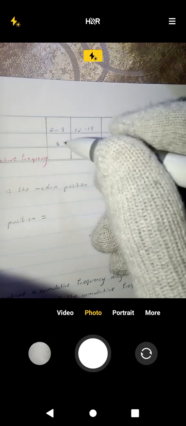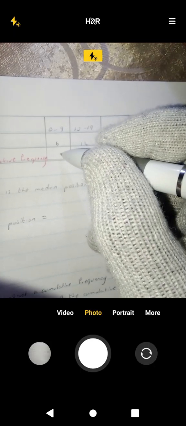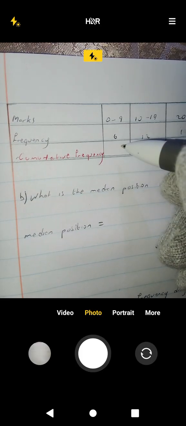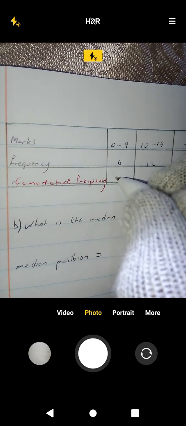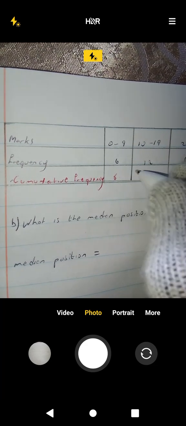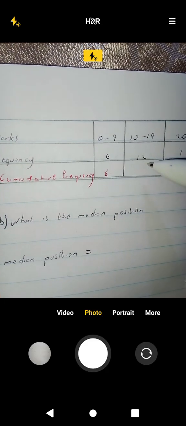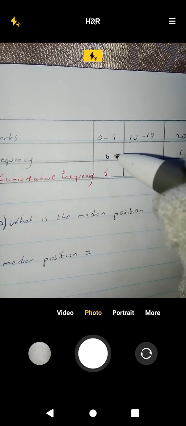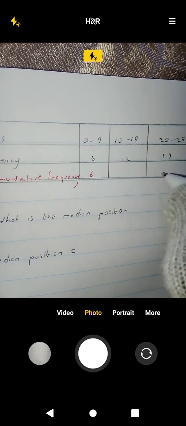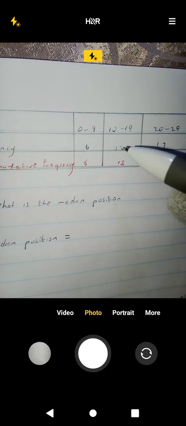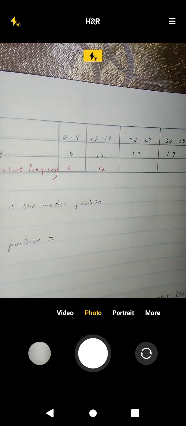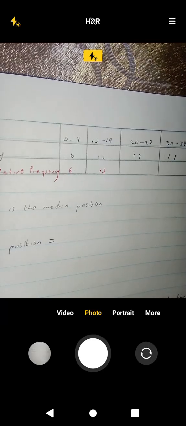So in this box we've got only six learners so far, so we shall label it 6, and then if we add both of these numbers, we shall have 6 plus 12, which is 18, and then 6 plus 12 plus 17, which is 18 plus 17.